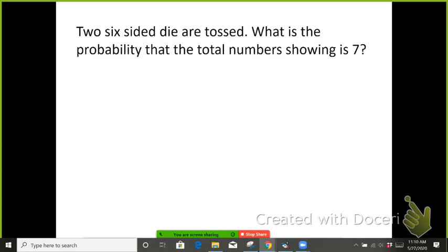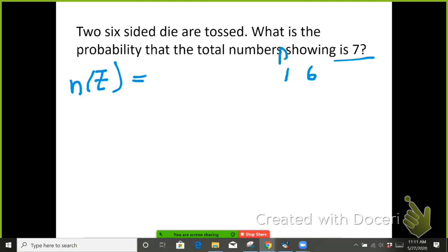Okay, so let's say we roll 2 6-sided die. What is the probability that the total number showing is 7? So if we remember back to the last section, we had that big table with all the ways to roll 2 die. So if you remember the ways to get a 7, well, you can get a 1 and a 6.